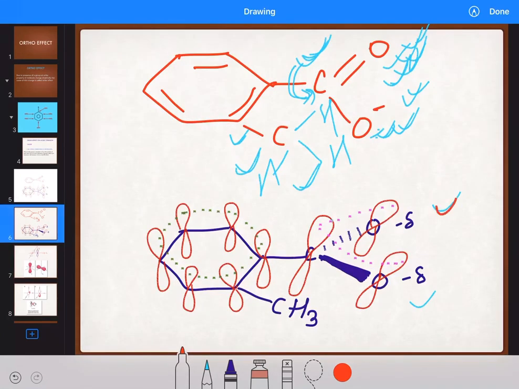These oxygens will come out of the plane, one will go below the plane and one will come above the plane, but that orbital will come in the plane of paper. Is it right? This orbital will come in the plane of paper, but this is still perpendicular to the plane of paper. Am I right? Are you getting it? Correct?